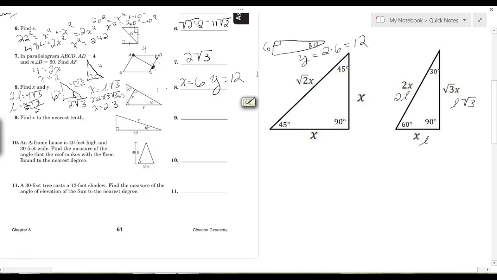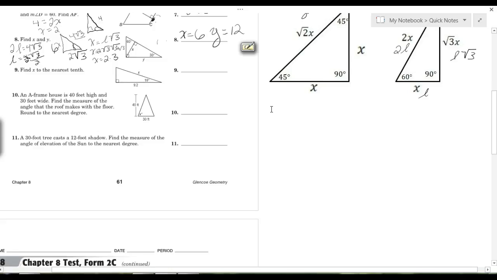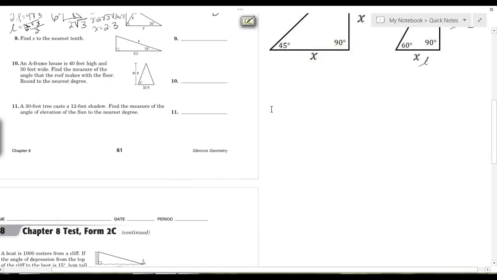I'm going to scroll down again so that I can get my 9 closer to the top, which is the next one I'm working on.